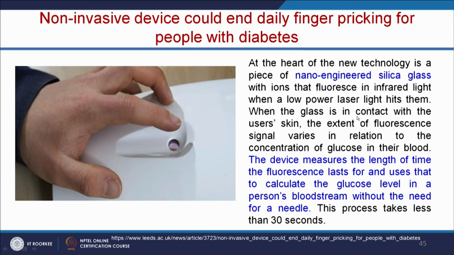When the glass is in contact with the user's skin, the extent of fluorescent signals varies in relation to the concentration of glucose in their blood. The device measures the length of time the fluorescence lasts and uses that to calculate the glucose level in a person's bloodstream without the need for a needle, and this process takes less than 30 seconds. Instead of pricking your finger, similar to a biometric device, you just keep your finger on that device, and within 30 seconds it will estimate the blood glucose.